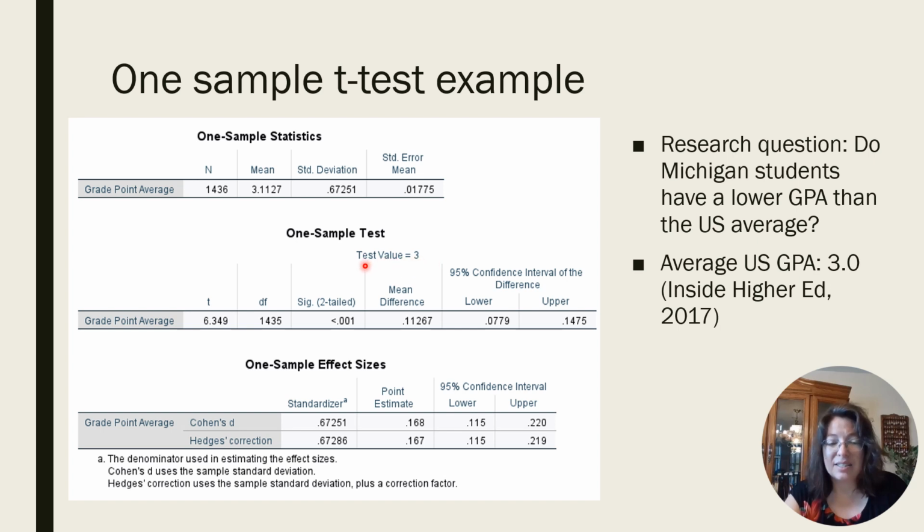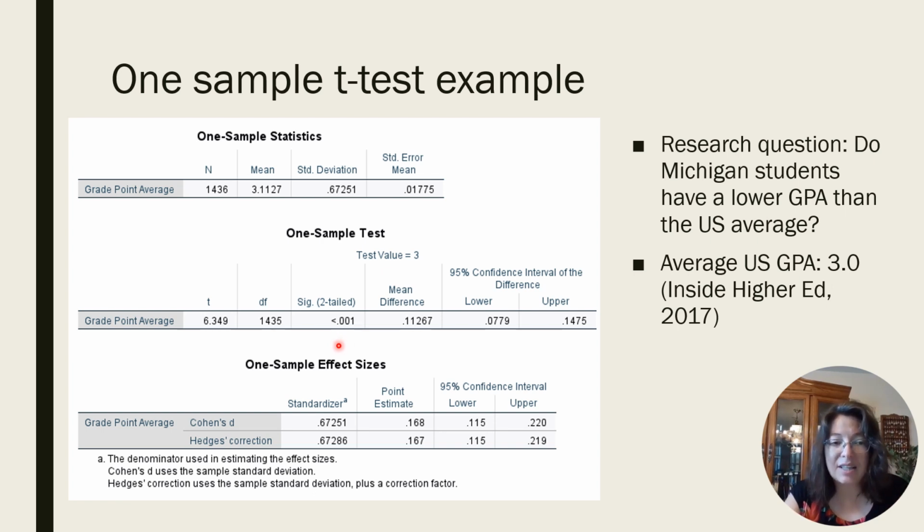So this bit here that says test value, that's the population average that we gave SPSS that we're testing against. And SPSS then calculates a t-statistic for us and its degrees of freedom. And then this third column of numbers here that's labeled sig, two-tailed, that's the significance value, right? So the p-value, the probability that what we're seeing is just the result of chance or error.